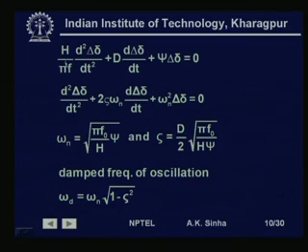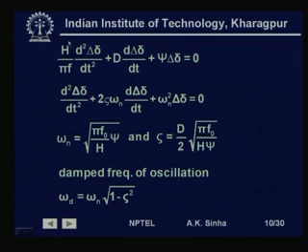Let us go back to the small disturbances. Writing the linearized swing equation, M d2 delta by dt2 plus D d delta by dt plus psi delta delta. We replace M by H by pi f, as we had seen earlier, that is, instead of angular momentum we write in terms of the inertia constant.